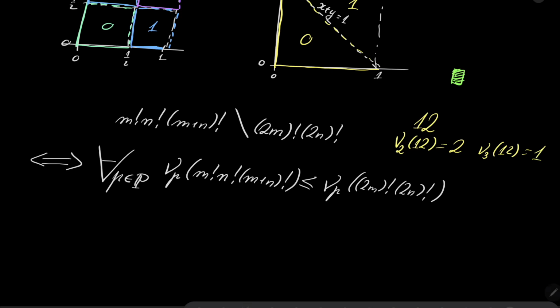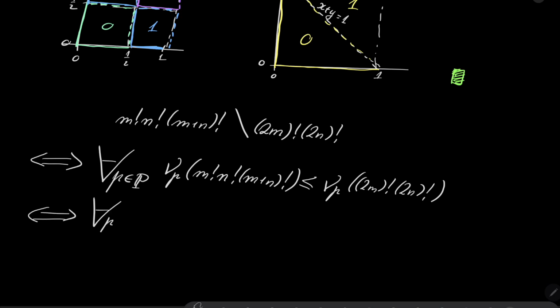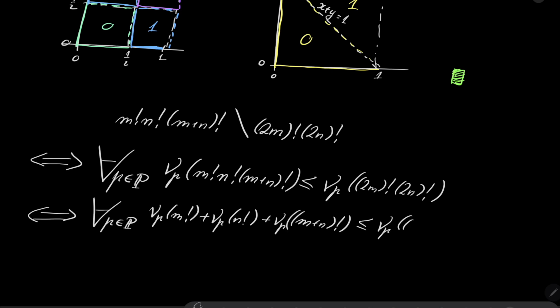And now notice that, of course, the p-adic valuation of a product is the same as the sum of p-adic valuations. So this should be true: the p-adic valuation of m! plus n! plus (m+n)! is less than or equal to that of (2m)! plus (2n)!.